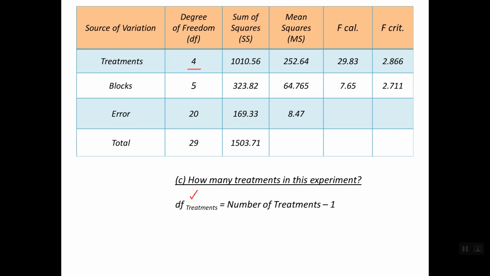The degree of freedom for the treatment is already known. It is 4. And the missing value is the number of treatments. So the same way, number of treatments is equal to 4 plus 1, which is equal to 5.